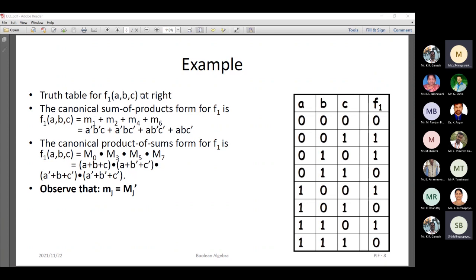How do we remember this? Sum of product is a sum of these product values. Product of sum is a product of these sum values. That is the meaning of sum of product and product of sum. So by seeing this expression, you'll understand whether it's a sum of product or product of sum.